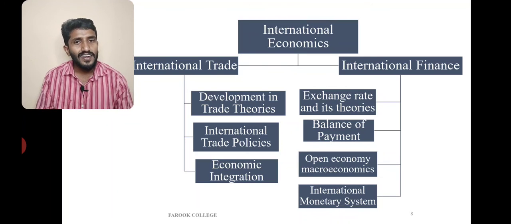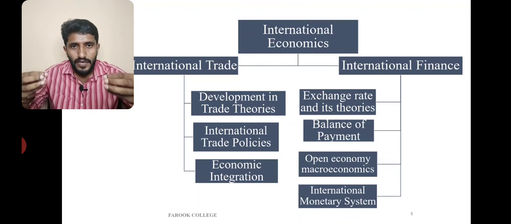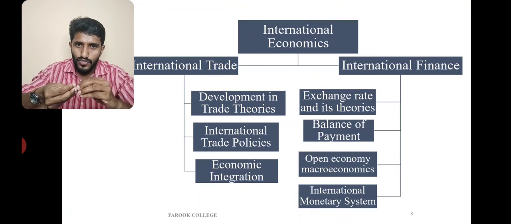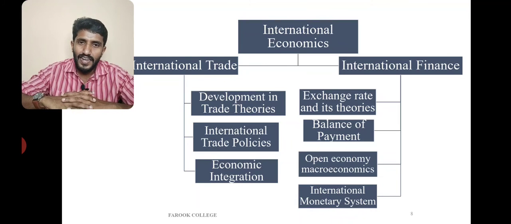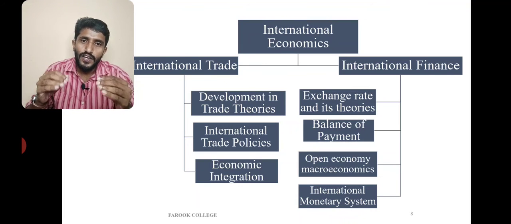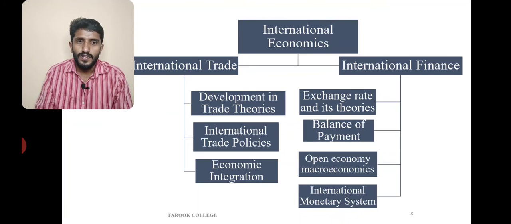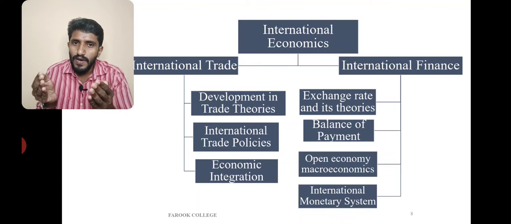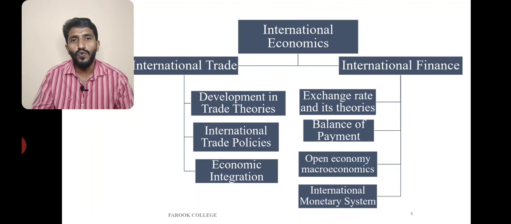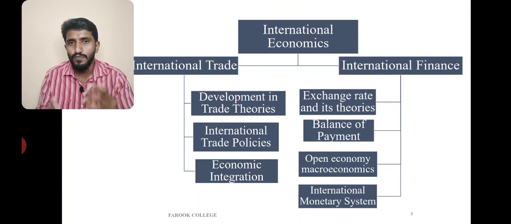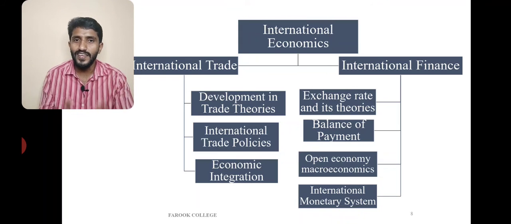Then lastly, if the economies are in touch, or if they have more economic transactions, there is a chance of disputes also. There might be a chance of balance of payment problems. So who solves these problems? Who will settle these disputes? There should be some organizations.